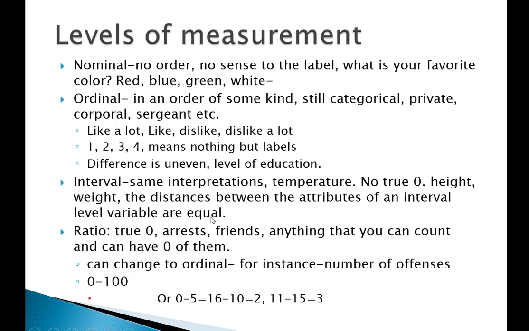The same thing with your weight, from 5 pounds to 10 pounds, there's a pound in between each of the attributes. Ratio, where we talked about the true zero, like sentencing outcome, sentencing length at arrest, how many friends you have, how many prior convictions you've committed.